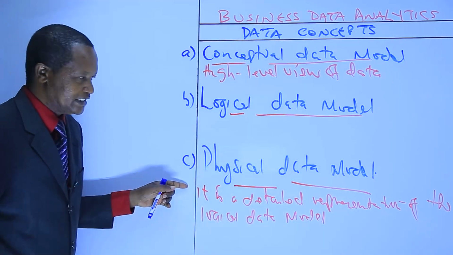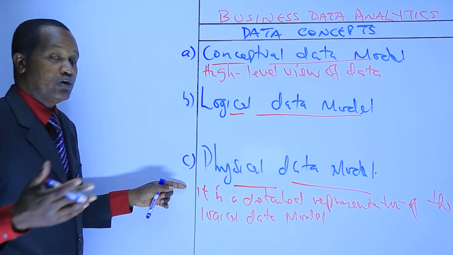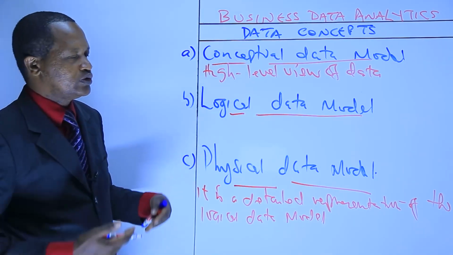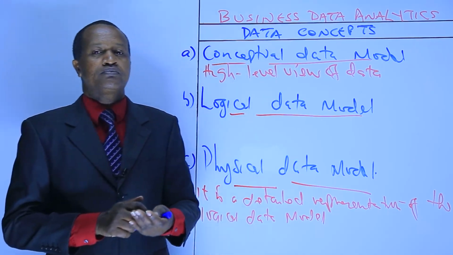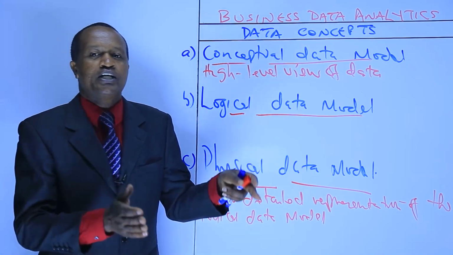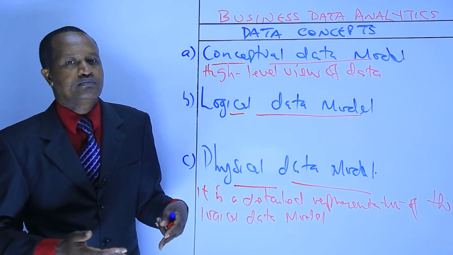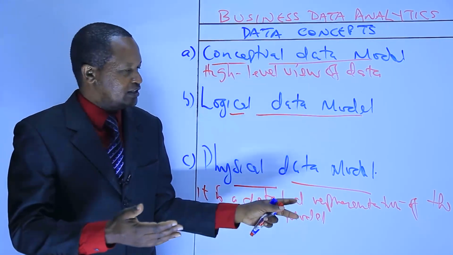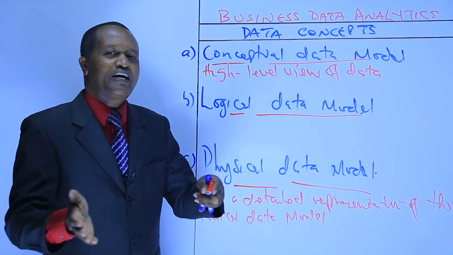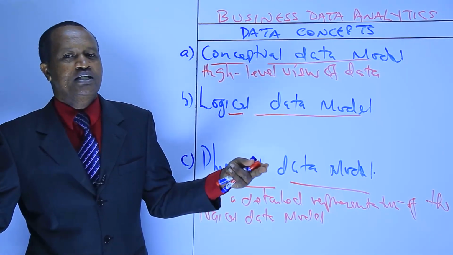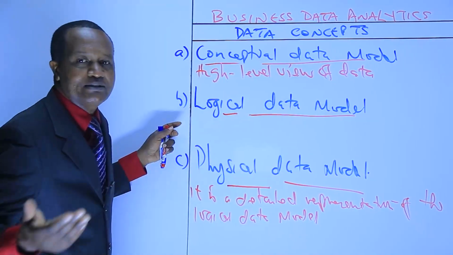It is a detailed representation of the logical data model that includes all the technical aspects of data storage, access, and such like. The physical data model defines the data types, it defines the storage formats, it defines the access methods.